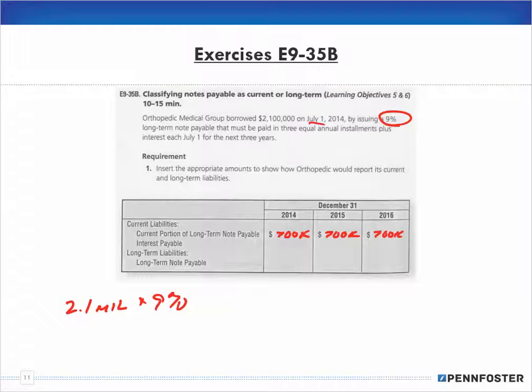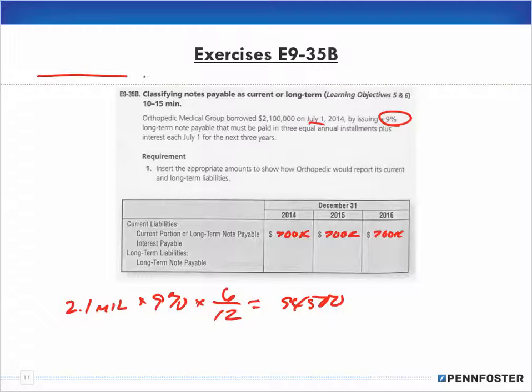It's from July 1st, so that's 6 months divided by 12. If we do the math, we end up with $94,500. So that is our interest payable for 2014.